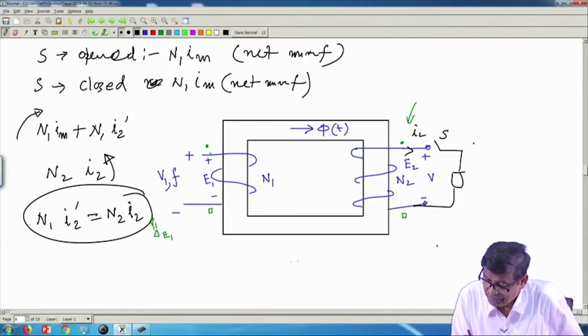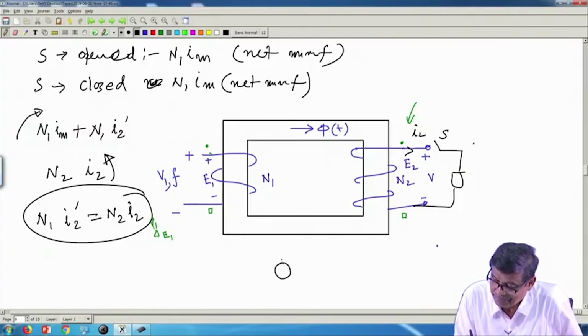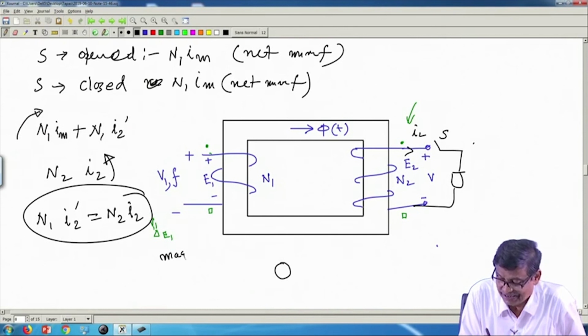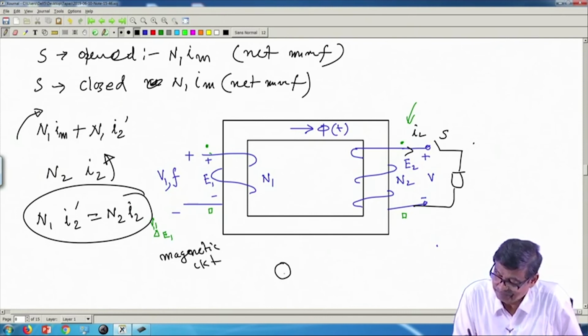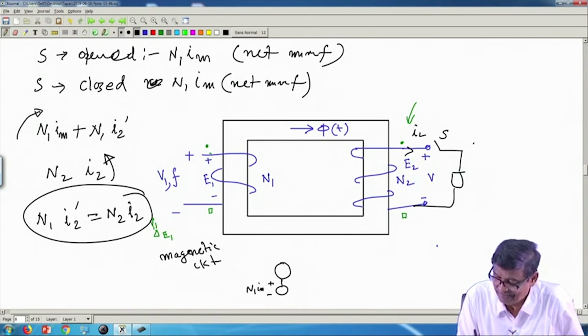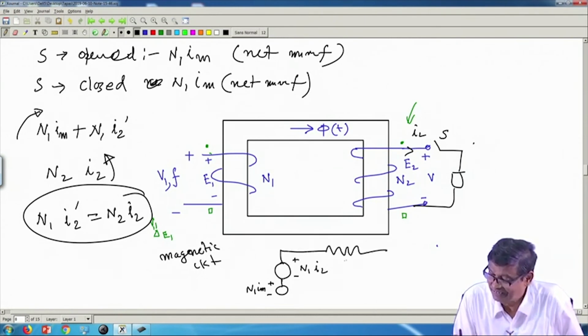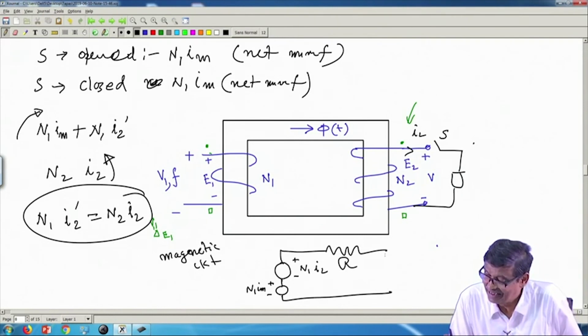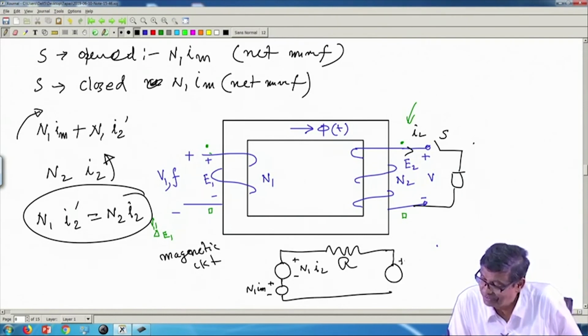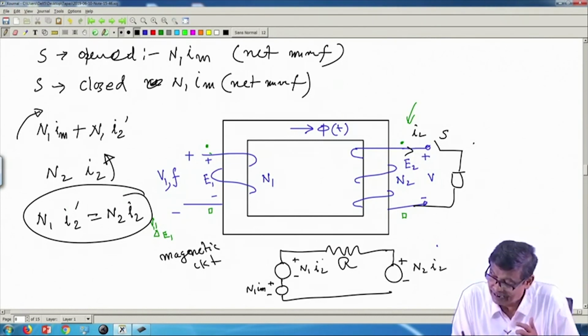So, if I draw the magnetic circuit like this, suppose magnetic equivalent circuit, there are two MMFs plus minus N1 IM and here also plus minus N1 I2 dashed. Here is the reluctance of the magnetic circuit and here is another MMF acting in the opposite direction. What is that? N2 I2, and this is I2 dashed.